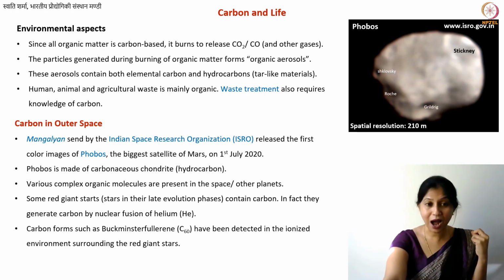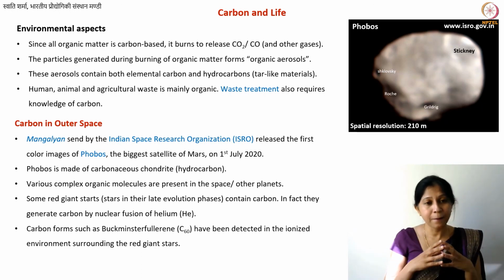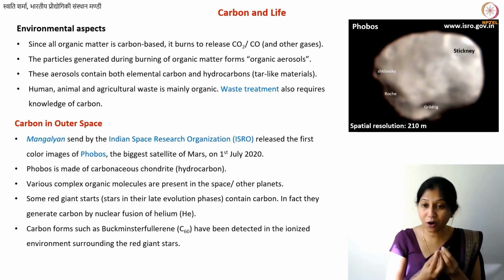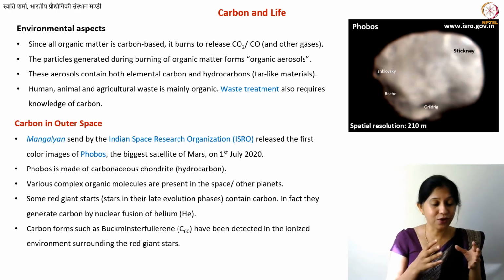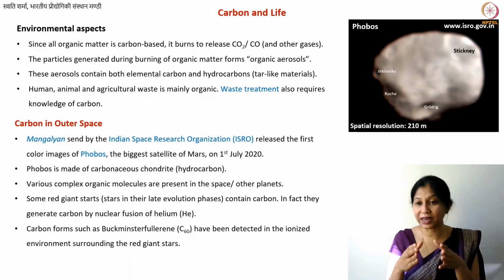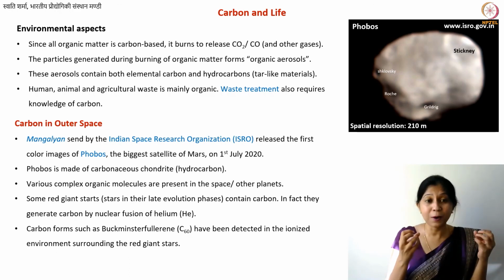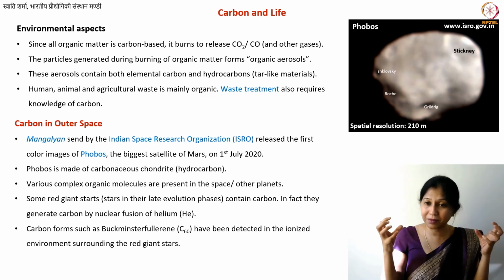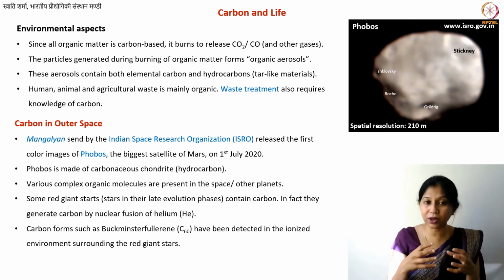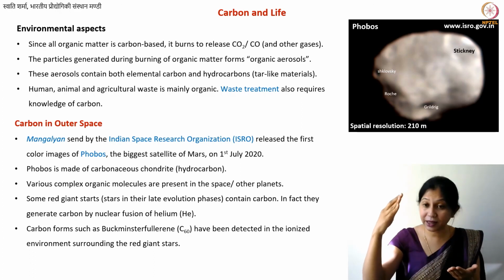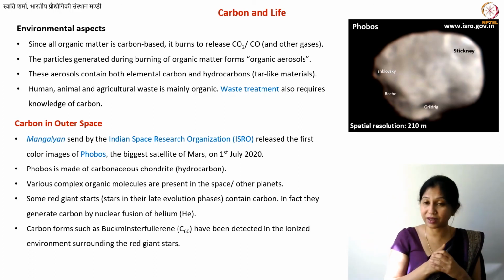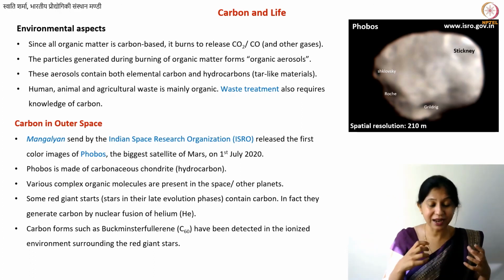And how is carbon actually formed? You have hydrogen to helium. You know that helium is formed due to nuclear fusion, and if you now have two helium atoms fusing together, then first they make a beryllium atom, and after that a carbon atom is formed in this nuclear process.